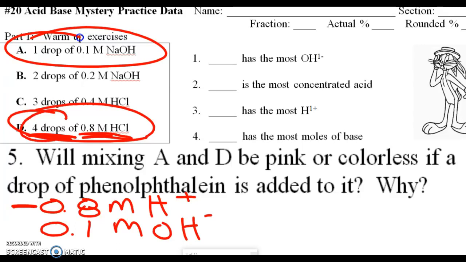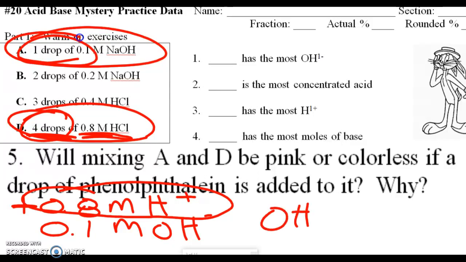Plus, they tell us we have more drops of this 0.8 than we do of the sodium hydroxide, only 1 drop of the sodium hydroxide. So in this case, I'm going to end up having more hydrogen ions in my container. And remember, to turn pink, you need hydroxide ions and you need phenolphthalein.